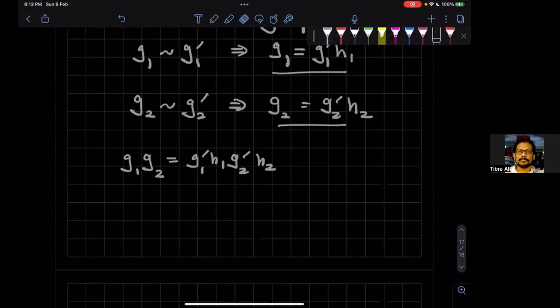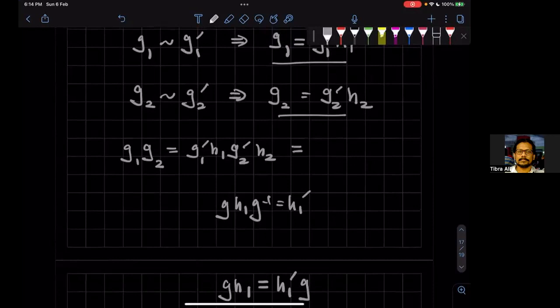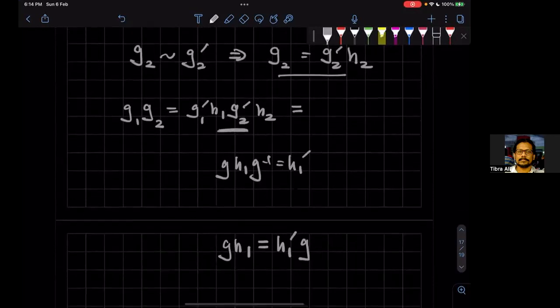So the idea is that if I have something like g h1 g inverse as, say, h1 prime, then I can write this as g h1 equals h1 prime g, right? So what this means is that I can write this as g1 prime g2 prime and h1 prime h2.